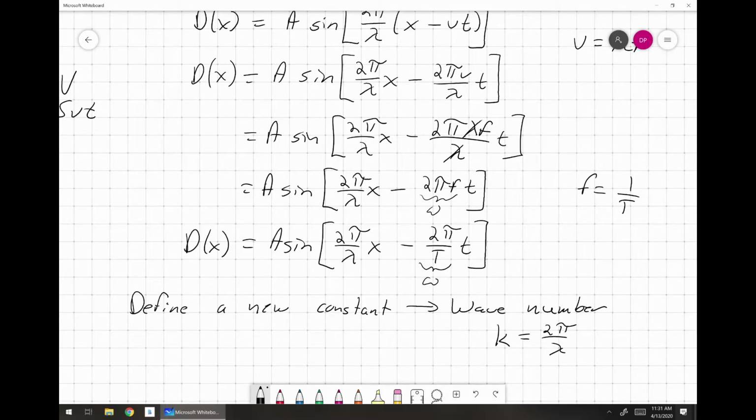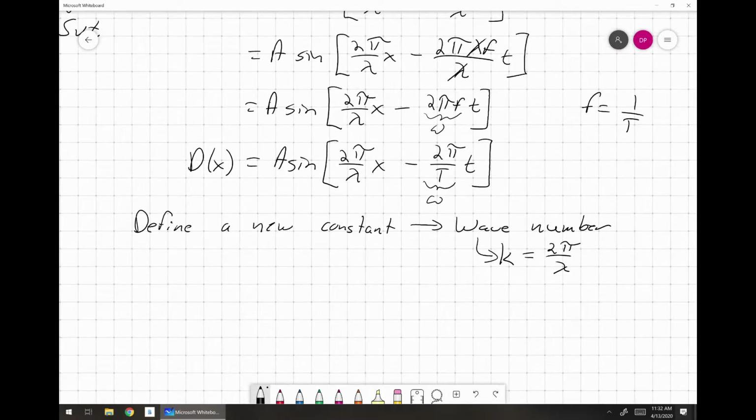And so this is where things can get a bit confusing, because we were using k previously to be the spring constant, and even within this chapter itself, we've used k to be this kind of force constant for these Hooke's law type forces. But this k is the wave number, and it is very different than that spring constant.